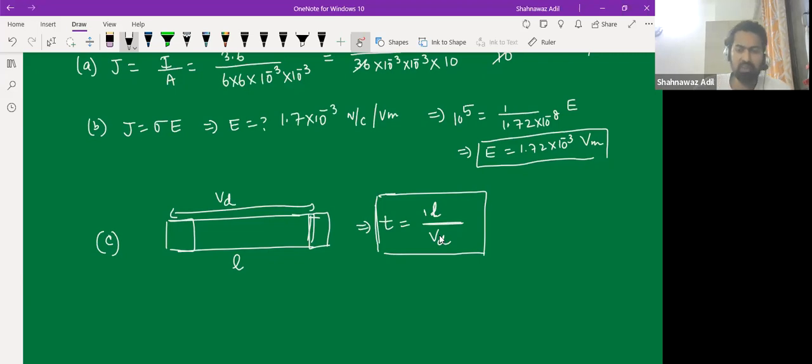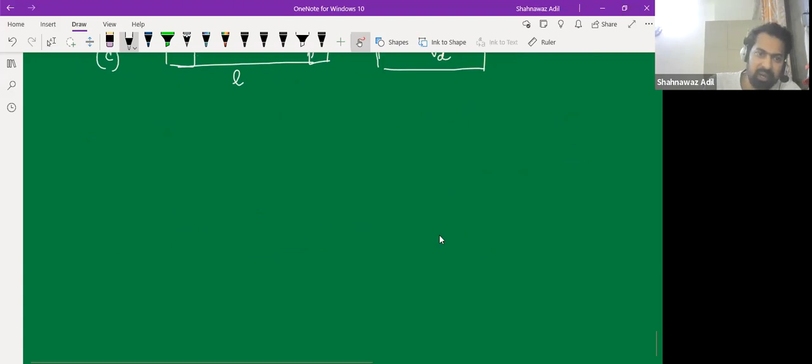Now we have another question, and in this question, just remember these two things: that the drift velocity is E tau by m, right? And then this is the current, which is related to this drift velocity by this amount, right?